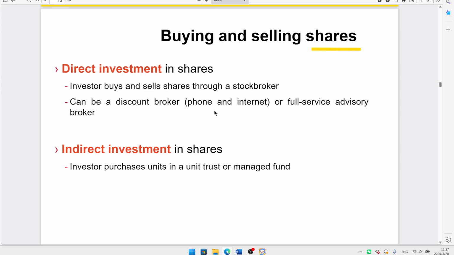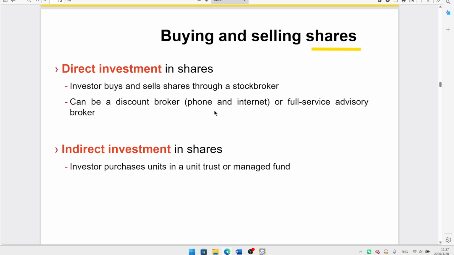Direct investment is a buyer and seller buying and selling shares, using a stockbroker. The next one, indirect investment, is to purchase units in a unit trust or managed fund.